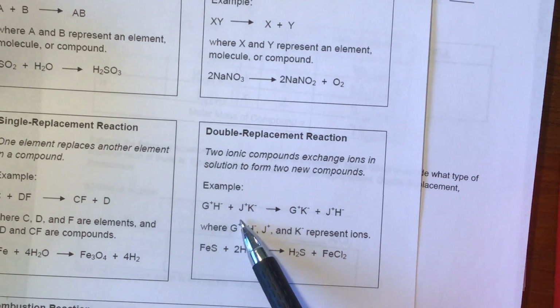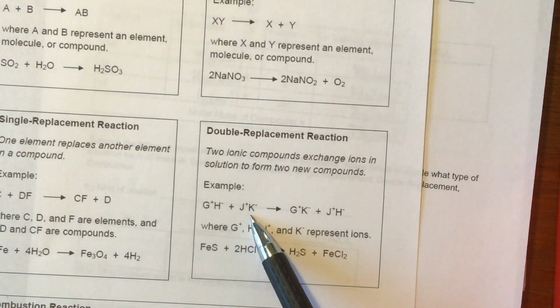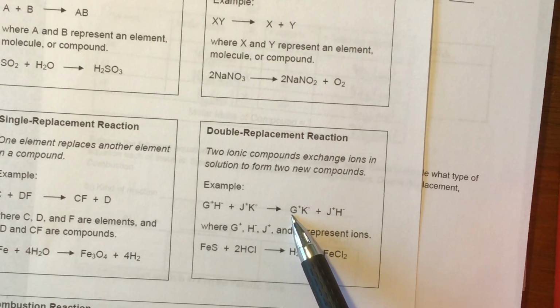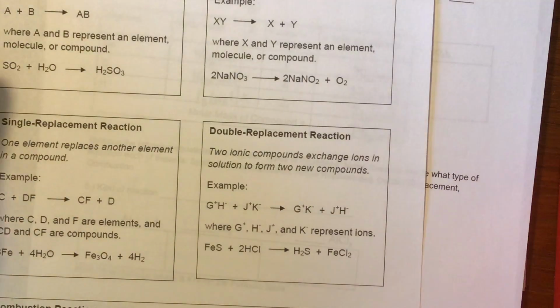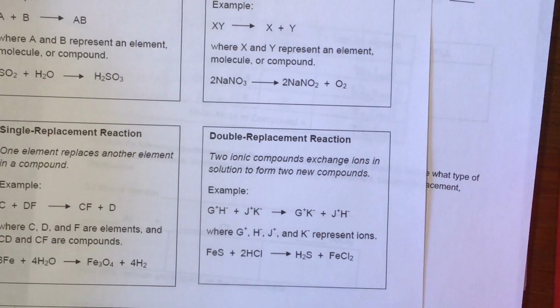G and H are dancing and J and K are dancing, and they decide they would rather dance with the other person's partner, so they just switch places, and now G dances with K and J dances with H. Pretty straightforward on those single and double replacement, and we'll talk more about combustion another time.